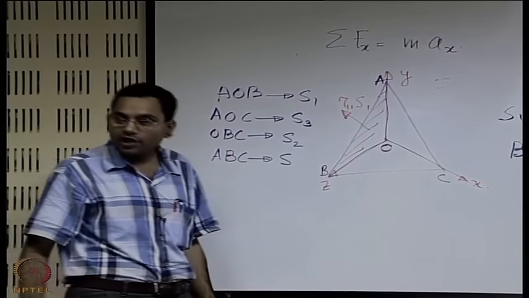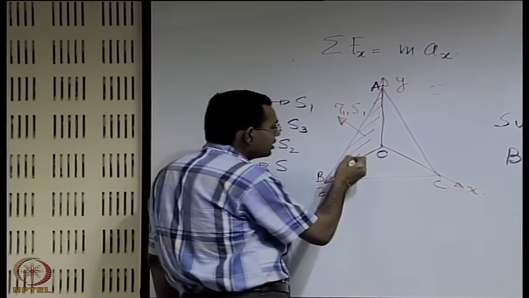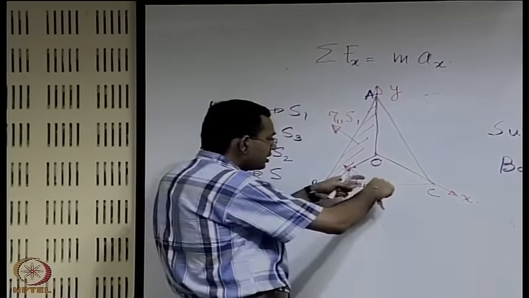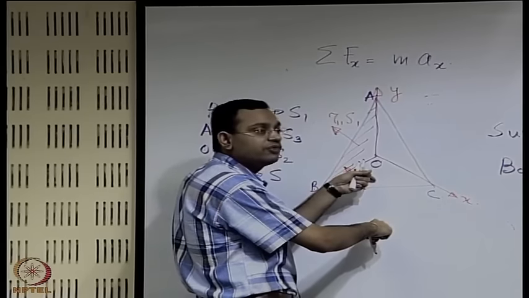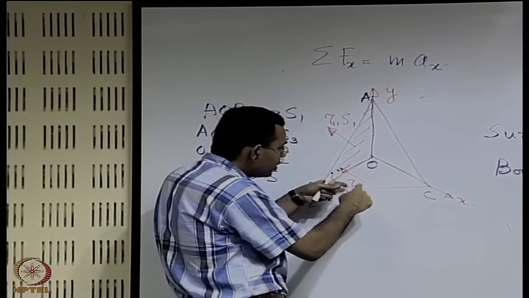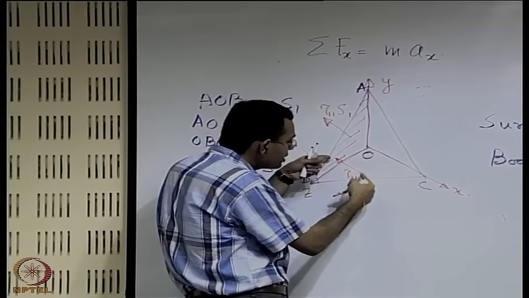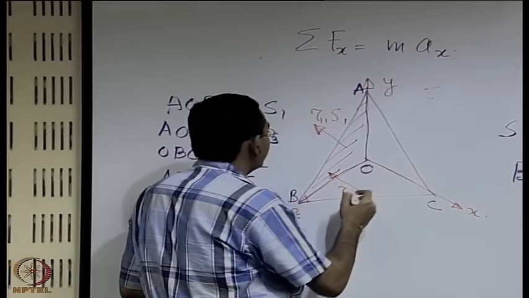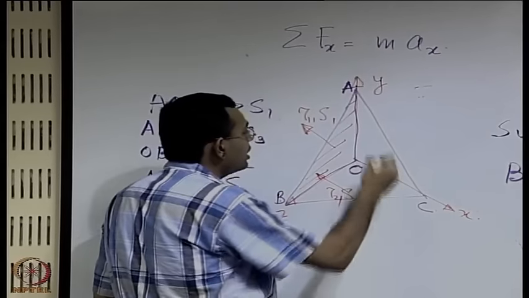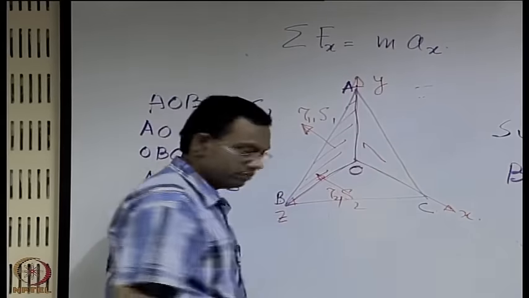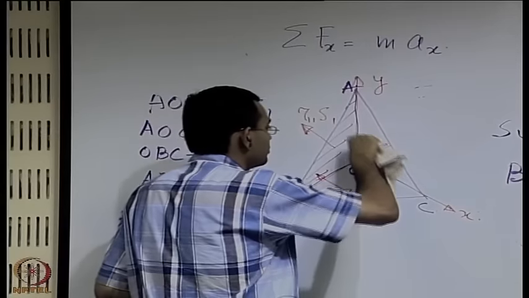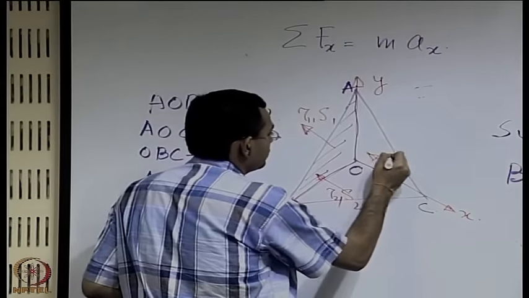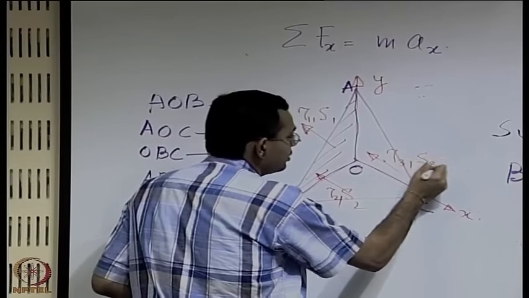Tau 2 1, right. What would be its direction? Just like this, because its outward normal is along -2 direction. Therefore the positive sense of tau 2 1 on this surface is along -1. This is multiplied by S2. Similarly this will be tau 3 1 S3.